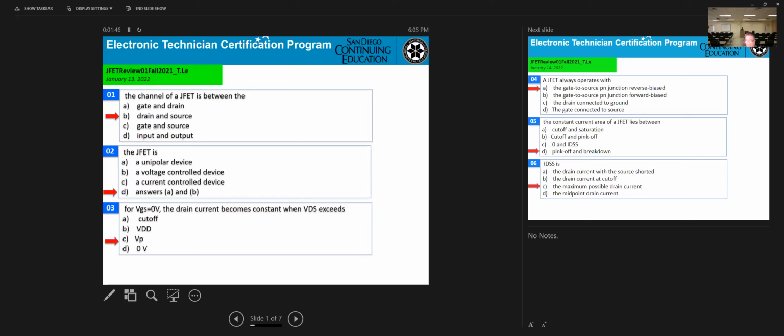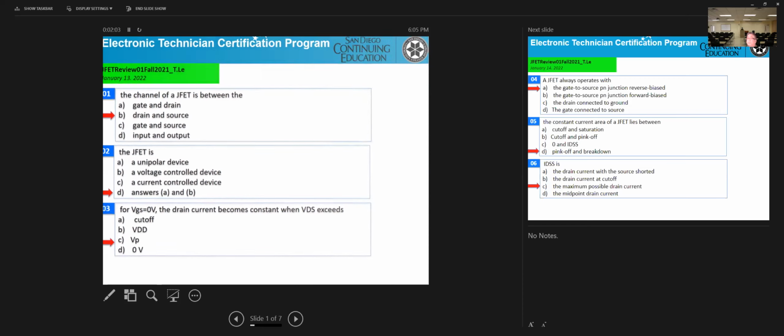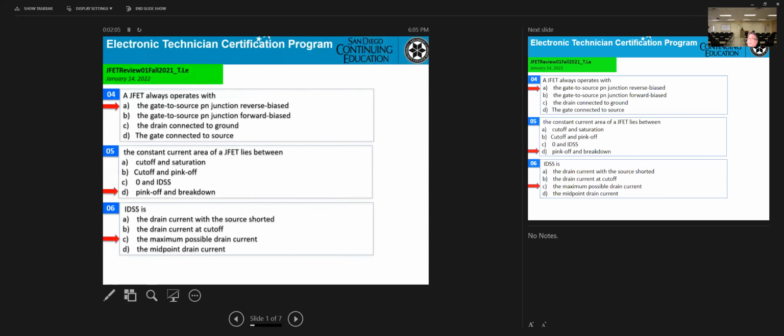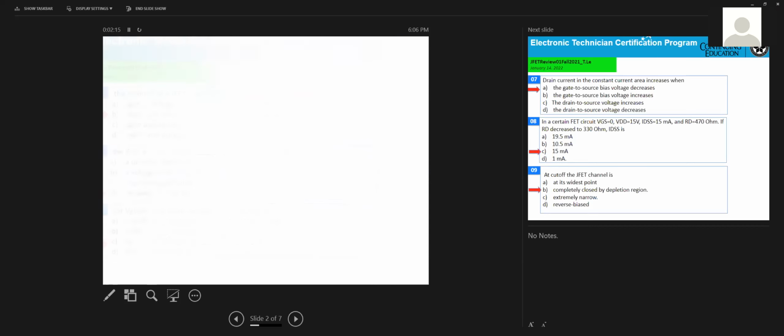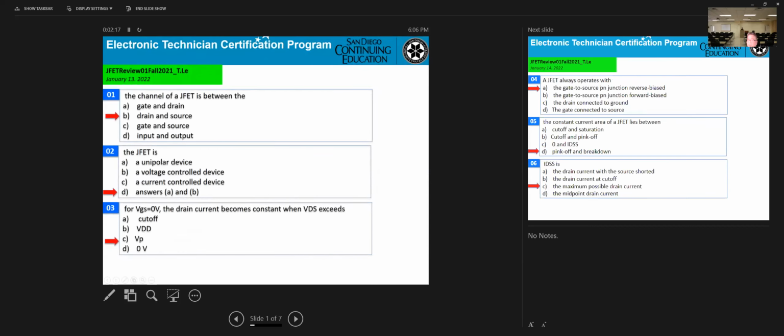You know that VP is the pinch-off voltage. Number three will be C.